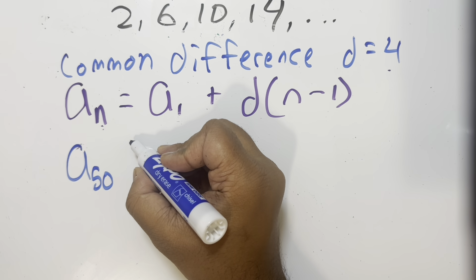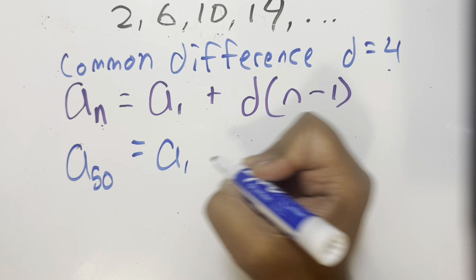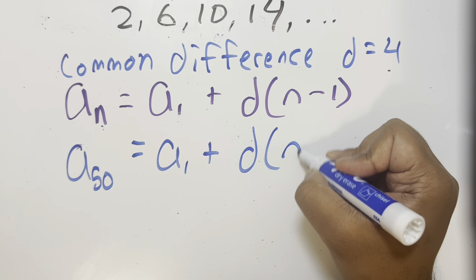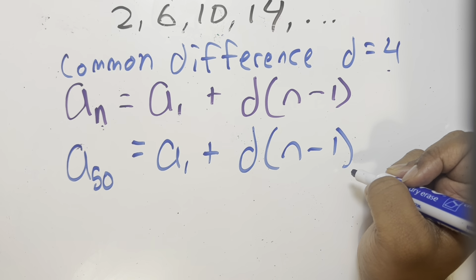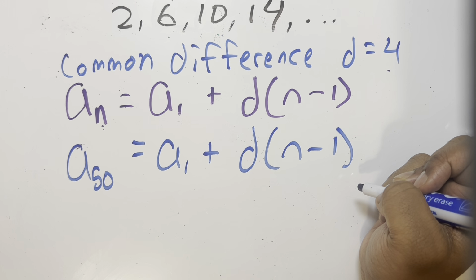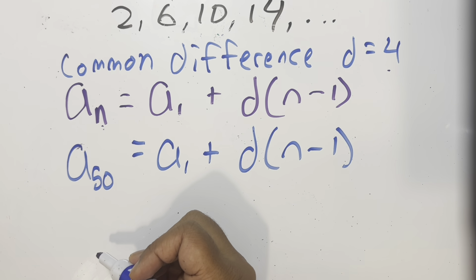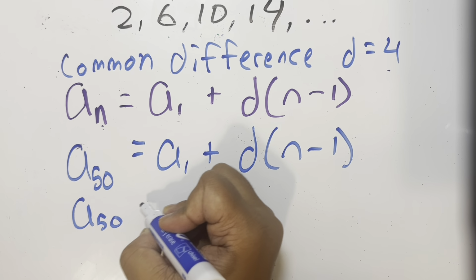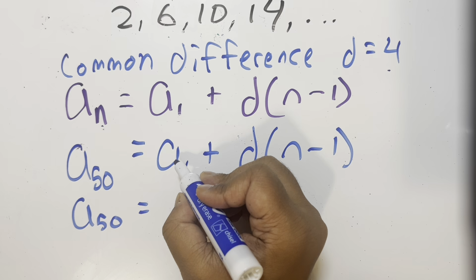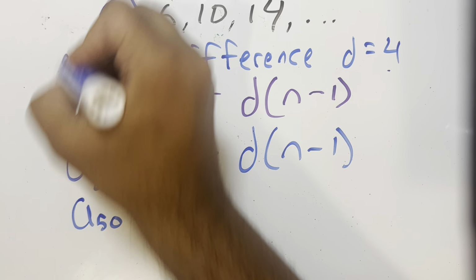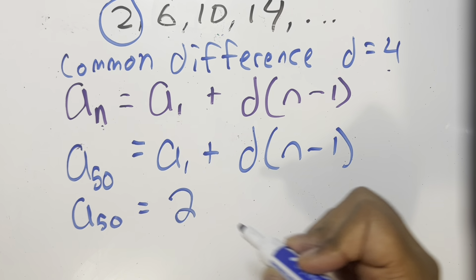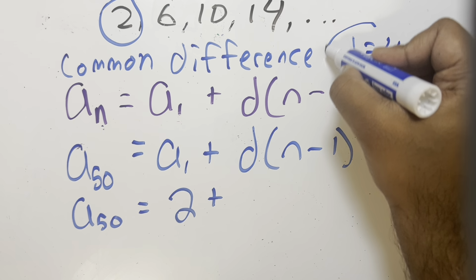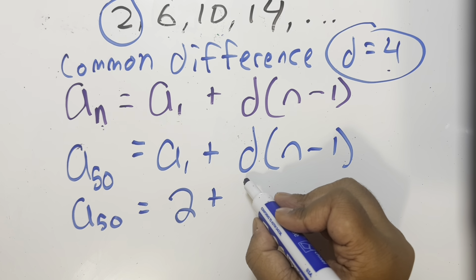So I'm going to use a sub 1 plus the common difference times n minus 1. So I'm just going to replace all the variables here. I don't know what a50 is, so I'm just going to leave that as is. I'm solving for it. A1 in our example is our first term here, so I'm going to put 2, plus my difference here, as you can see, we have it up here, is 4.